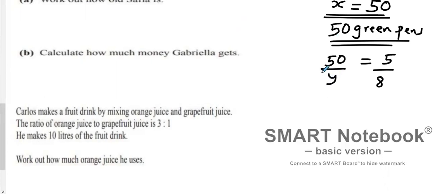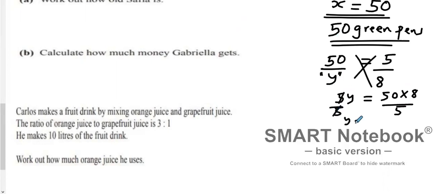Now they want to find how many black pens there are. So you need to cross multiply from here. This will be 5y equals 50 times 8. To find the value of y, I need to divide by 5. So y, which stands for the number of black pens, simplifies to 10. So the number of black pens will be 80.